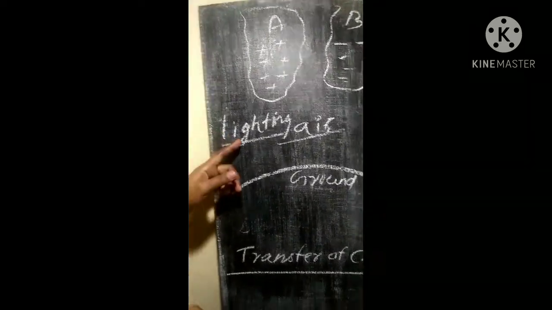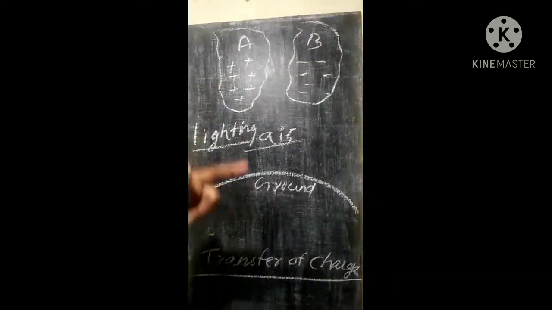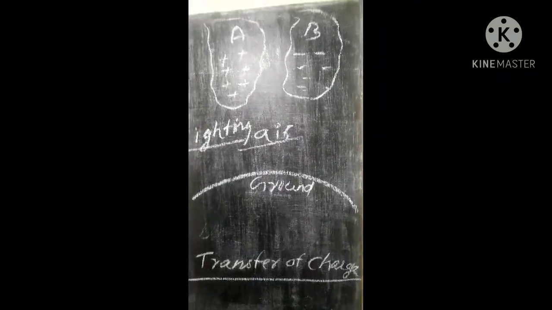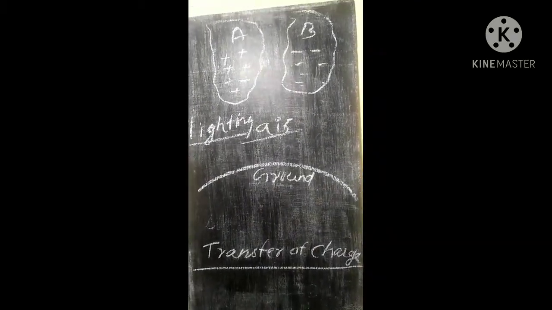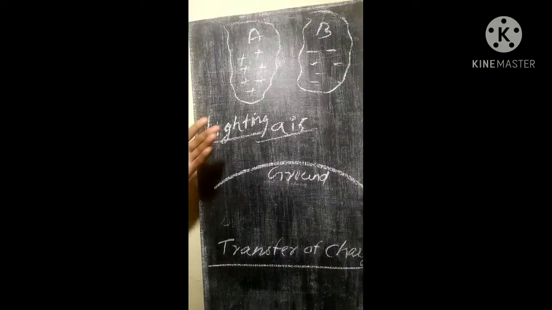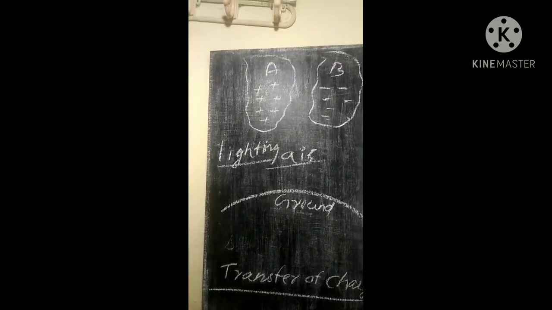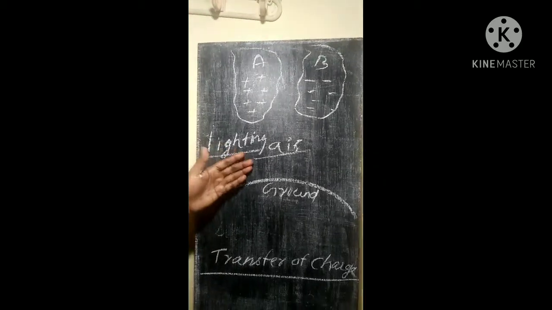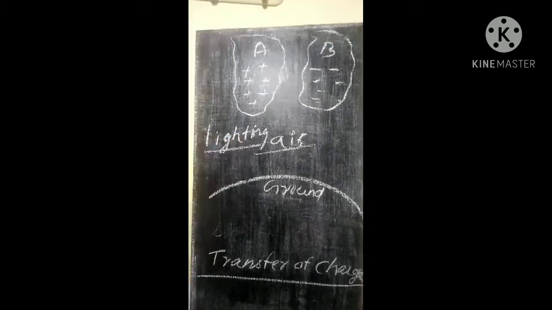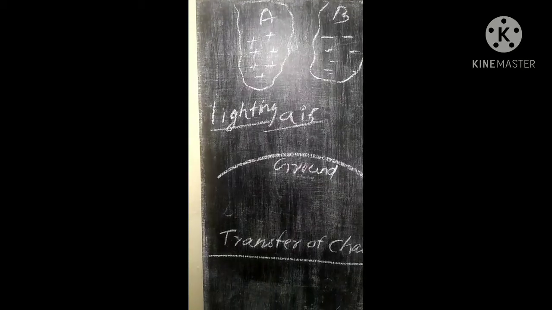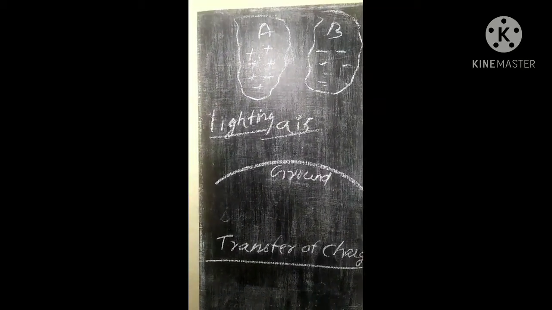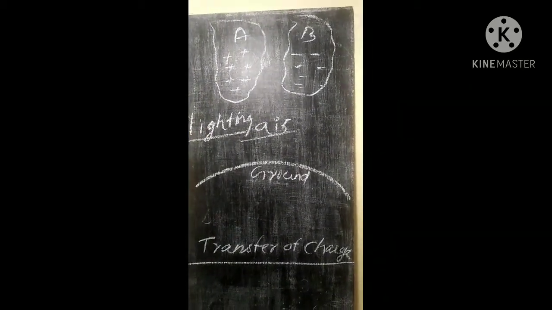So we see the light first and we hear the sound after some time. The thunder can be heard afterwards. First we see the streaking of light, or the discharging can be seen. This is how lightning occurs in the atmosphere, and that is nothing but discharging.